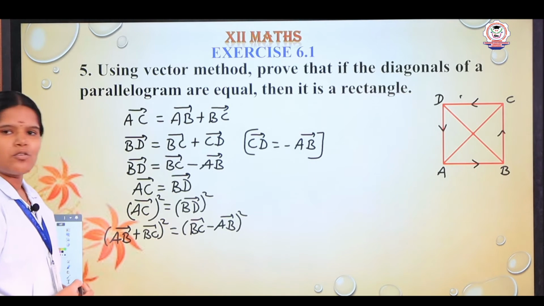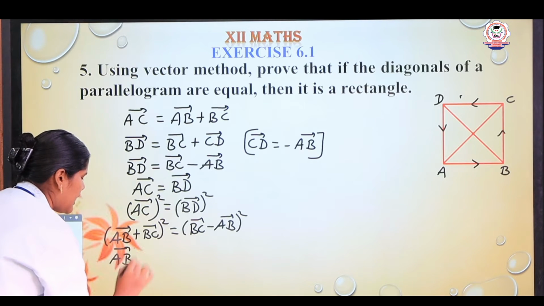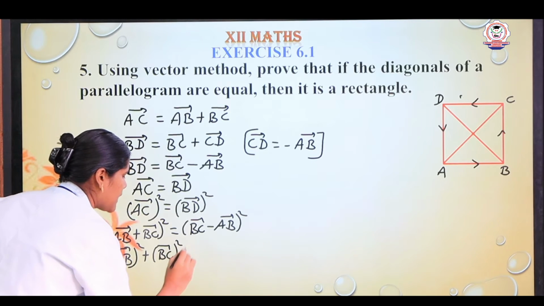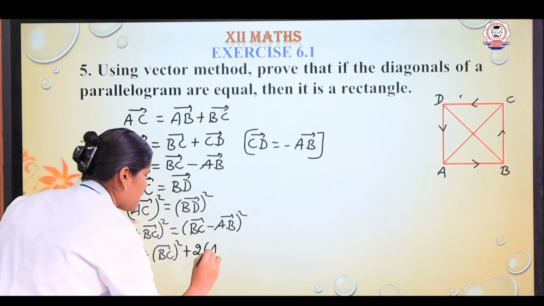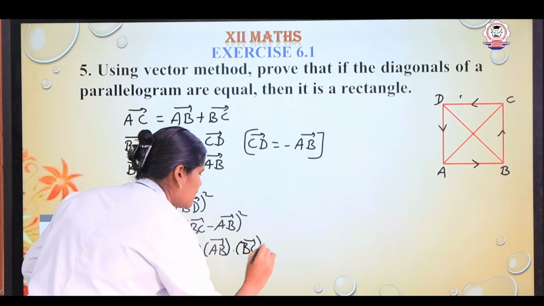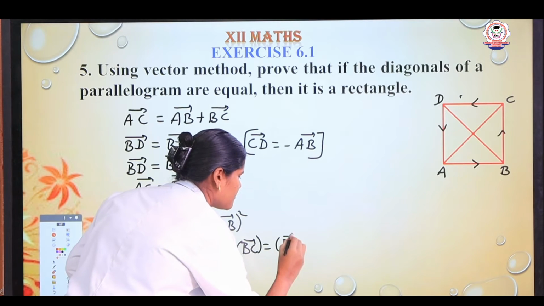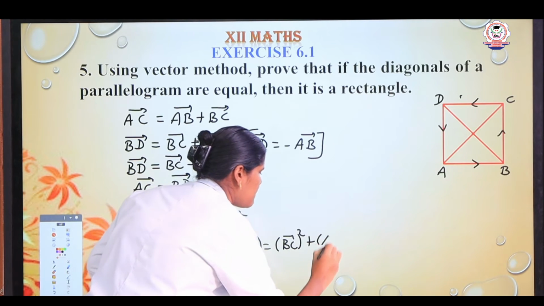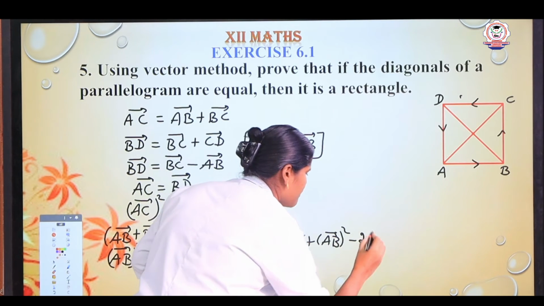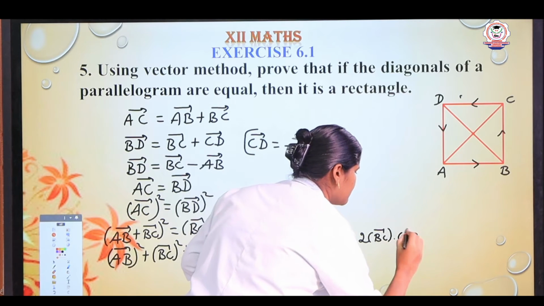Now we are going to substitute this formula here. So we get AB vector square plus BC vector square plus 2 times AB vector dot BC vector, which is equal to BC vector square plus AB vector square minus 2 times BC vector dot AB vector.